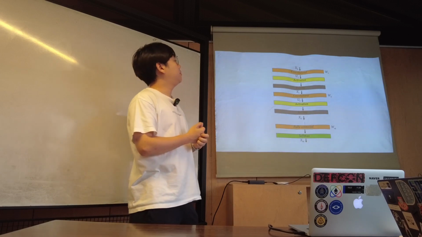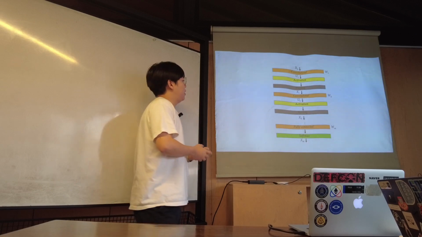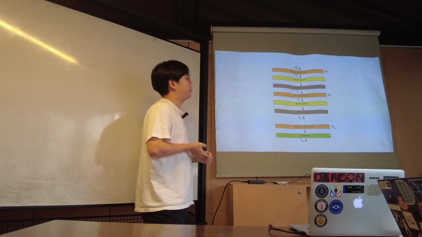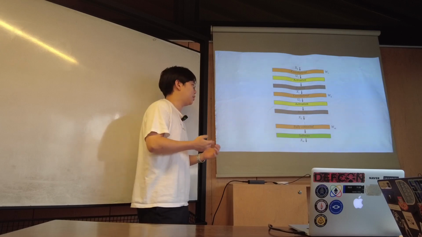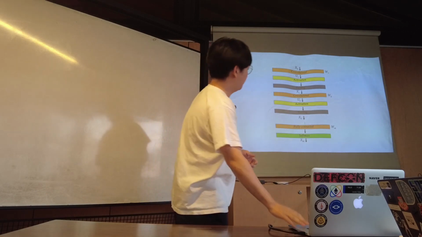And if you have enough CNN layers stacked in your neural network, then you're going to have a fully connected layer that is going to do the final task, such as classification or whatever you want.